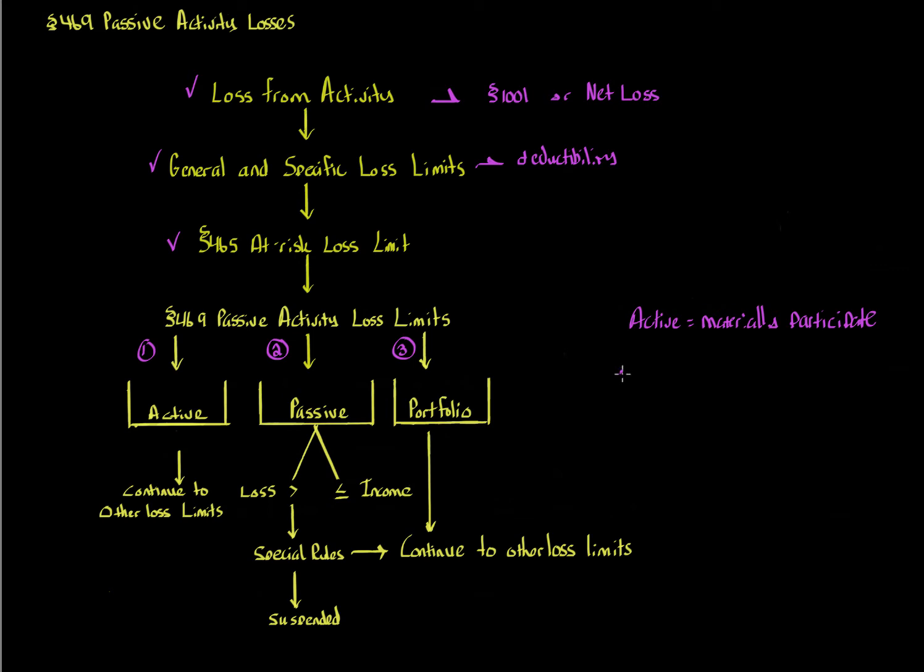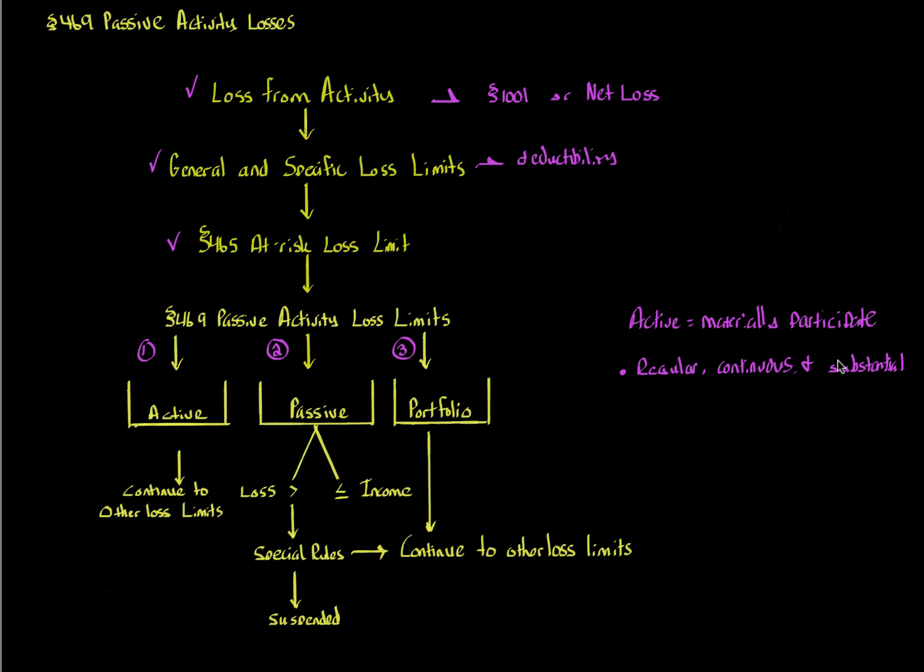The things that are important to whether a taxpayer is materially participating in an activity: the taxpayer has to have regular, continuous, and substantial basis in the activity. Regular, continuous, and substantial basis with respect to the actual activity. And that's what makes the person materially participate in the actual activity.